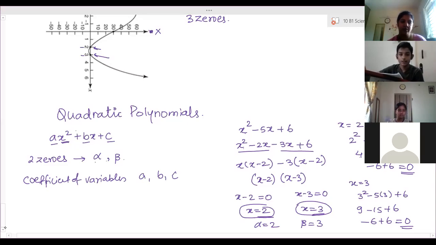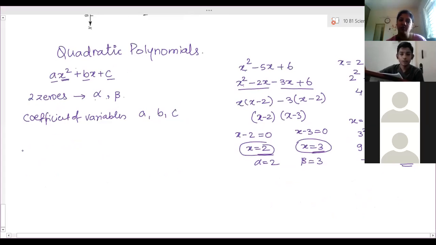What is it? Number C is not the coefficient of any variable; it is a constant. Understand that? The first relation is the sum of the zeros, that means alpha plus beta. If you add them, that is always equal to minus B by A.